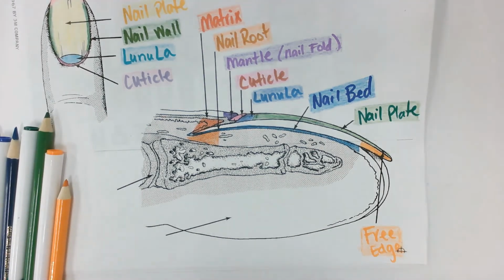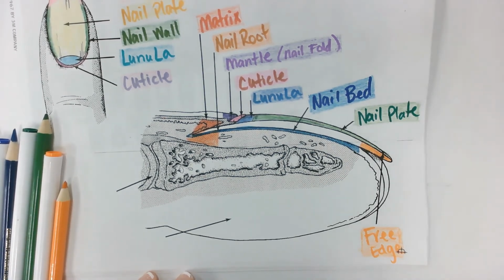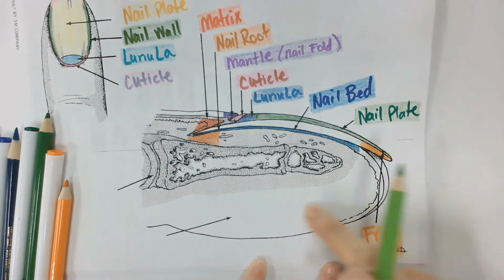We're going to add an arrow, a very important arrow that we need to add. We're going to write it here on the fingertip. This is the hyponychium.